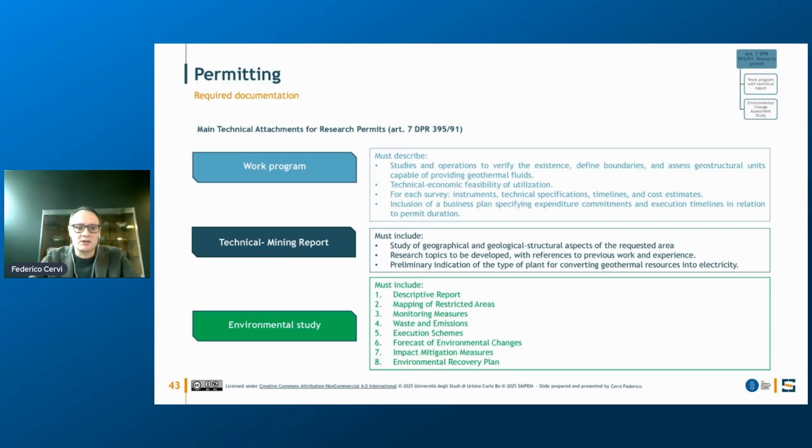We also mentioned a technical mining report. This must describe the geographical, geomorphological, and geological structural characteristics of the area, outline the research objectives and methodologies to be employed, specify the type of facilities to be used, and provide a summary of the applicant's previous experience and completed work.